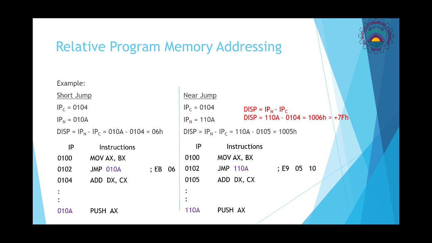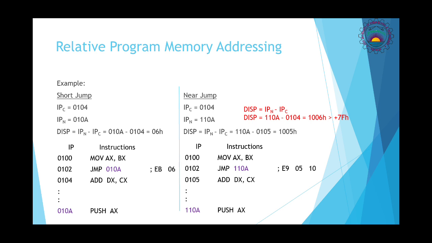So the calculation of displacement will be revised, and now IPN will be 110A and current value of IP will be 0105. As jump instruction is occupying 3 bytes and it is written at offset 102, so next instruction of addition, that is add dx comma cx, will be at offset 105.